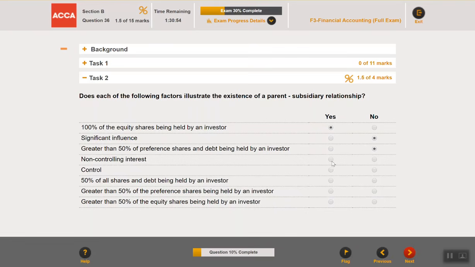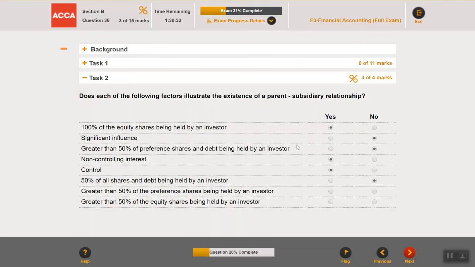Non-controlling interest, yes, non-controlling interest exists in a subsidiary. Control, yes, control means subsidiary. 50% of all shares and debts, more than 50%, not 50%. Greater than 50% of preference shares held by investor, no.